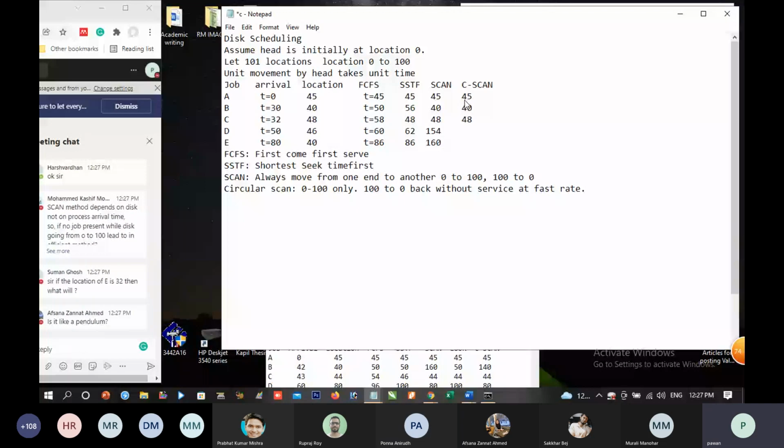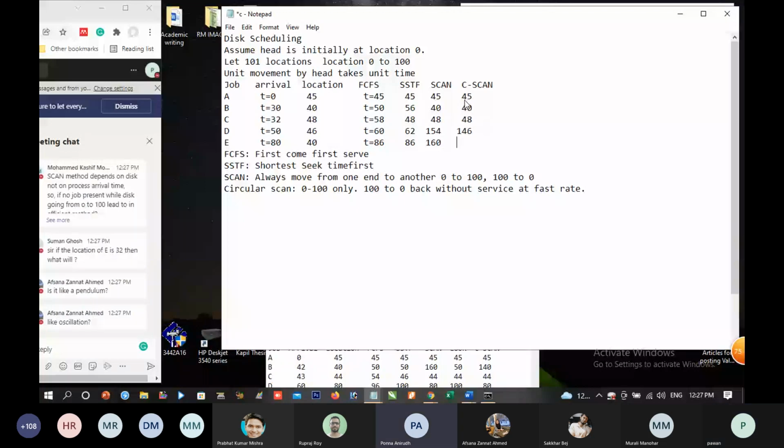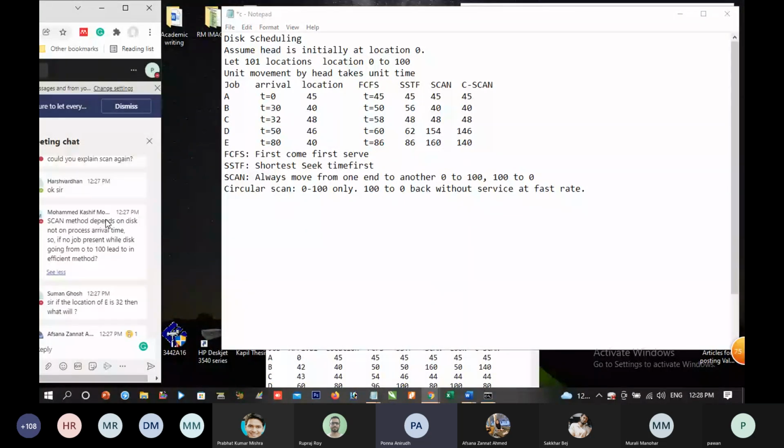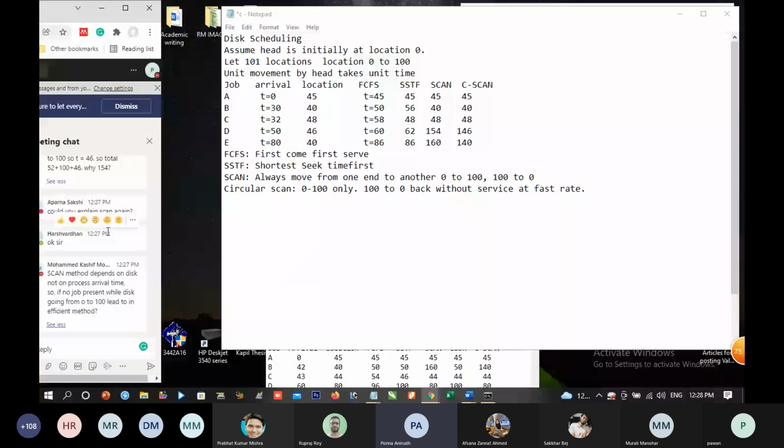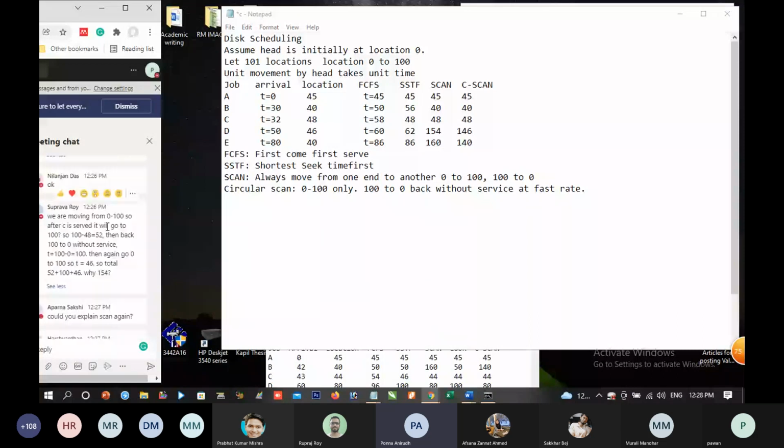And this is 140. Back to 0 without service, in 0 time.